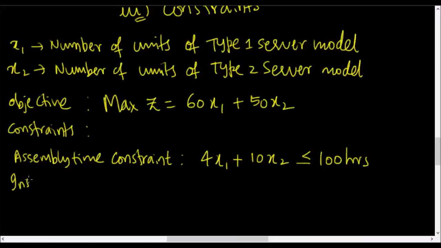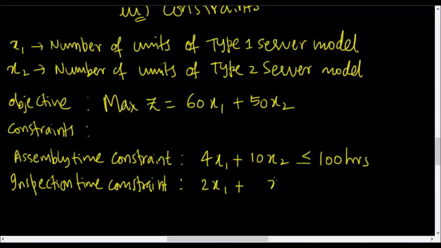Similarly, for the inspection time constraint, each type 1 model requires 2 hours for inspection and type 2 requires 1 hour, so 2x1 plus x2, and this cannot cross 22 hours in the inspection department.